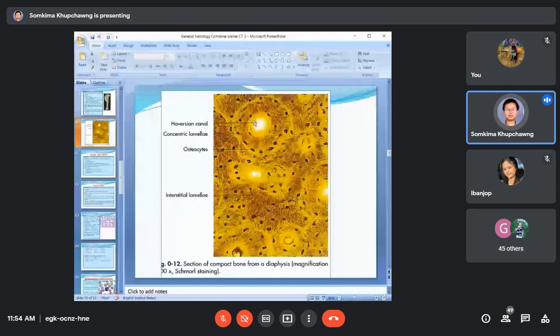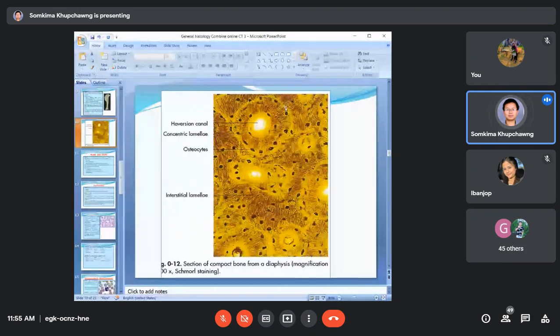In the concentric lamellae, these big black spots are the lacunae. Inside lacunae, osteocytes are present. If you observe carefully, we can see the canaliculi also. So this whole structure is known as the Haversian system or the osteon.